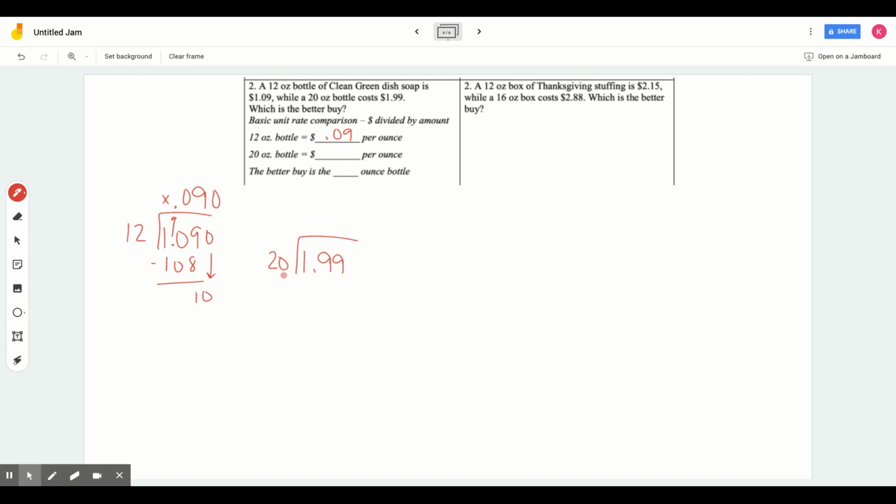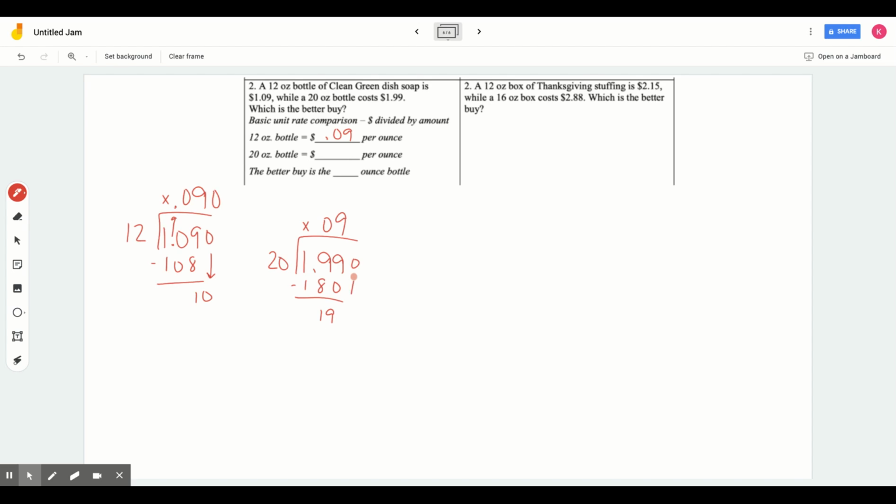When we divide 20 into $1.99, we know that 20 can't go into 1 and it can't go into 19. It can, however, go into $1.99 9 times. 20 times 9 is 180. We have 19 left over.